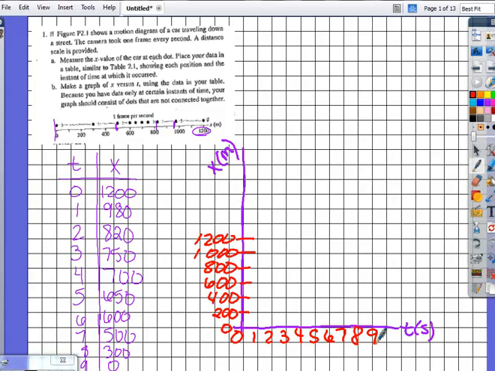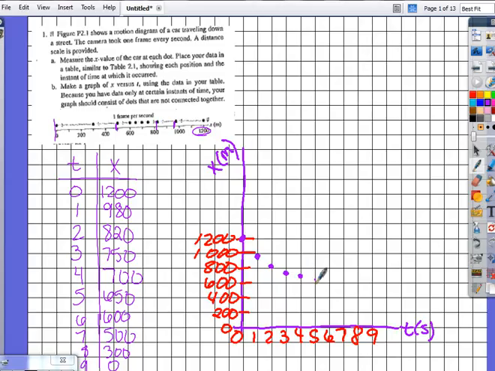Okay, so we're starting at 0. We are at 1,200. We want to put a dot there. At 1 second, I'm at 980, so it's right underneath there. 2 seconds, I'm at 820. 3 seconds, 750. 4 seconds was 700.